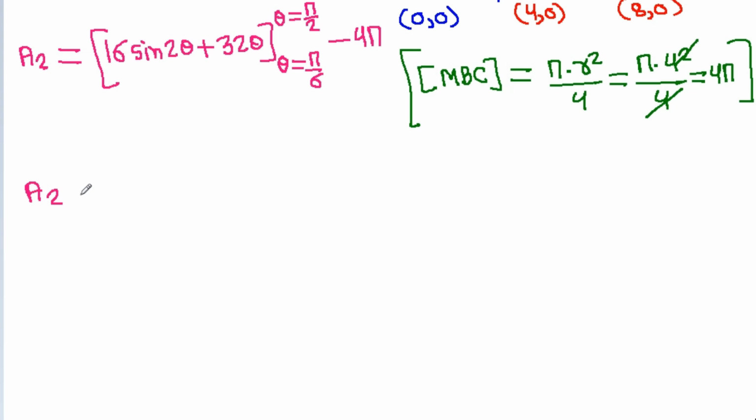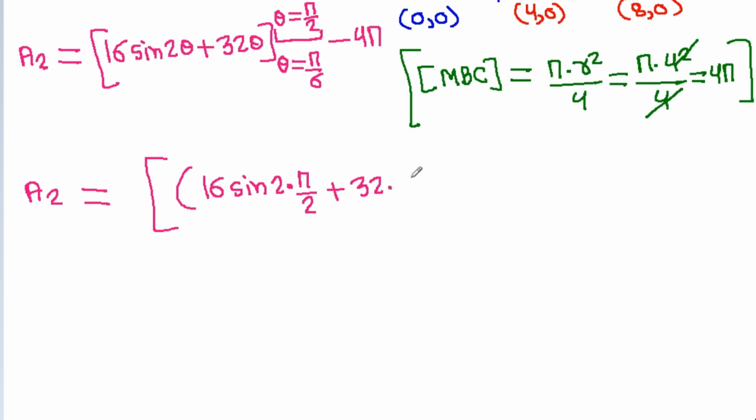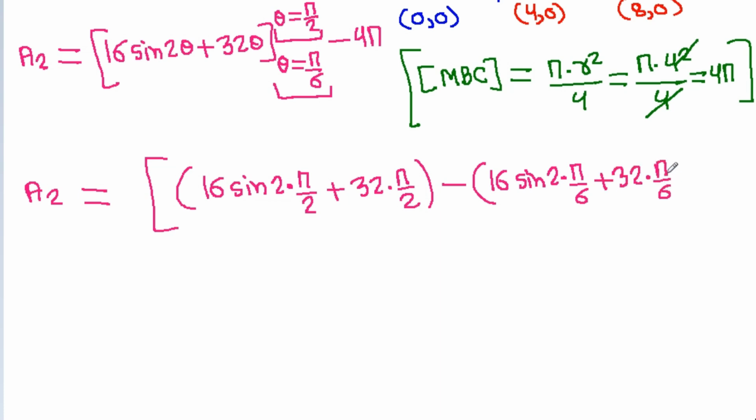And A2 is equal to, if we put theta equal to pi by 2, then it will be 16 sin 2 times pi by 2 plus 32 times pi by 2, minus, if we put theta equal to pi by 6, then it will be 16 sin 2 times pi by 6 plus 32 times pi by 6, minus 4 pi.